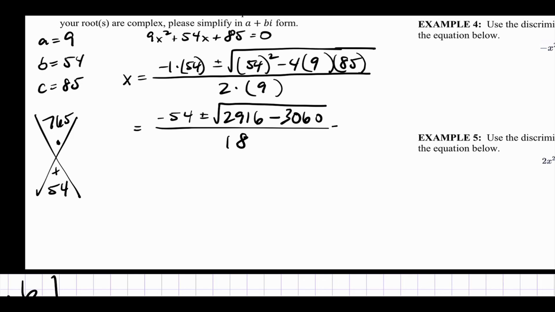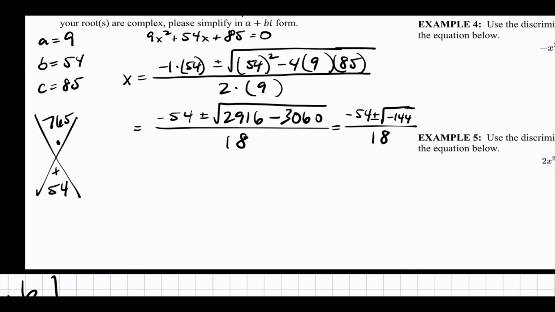Okay. When I subtract those two numbers, I get -144. It's not always going to be -144. It's just coincidence that I'm getting -144 on these guys. Okay, when I subtract 2,916 minus 3,060.